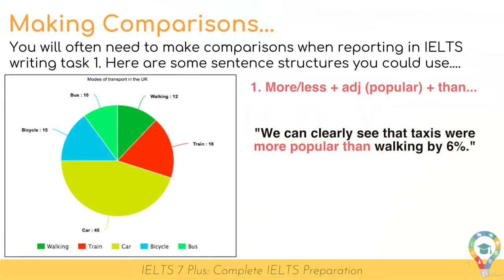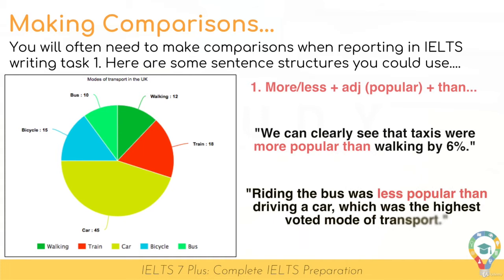We can clearly see that taxis were more popular than walking by 6%. Riding the bus was less popular than driving a car, which was the highest voted mode of transport.